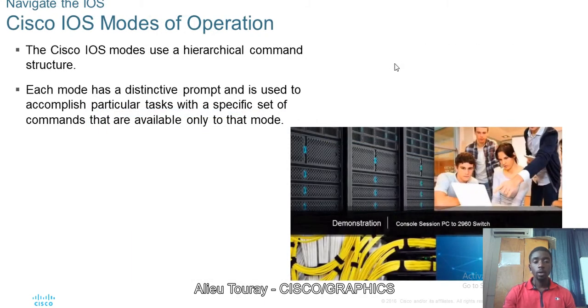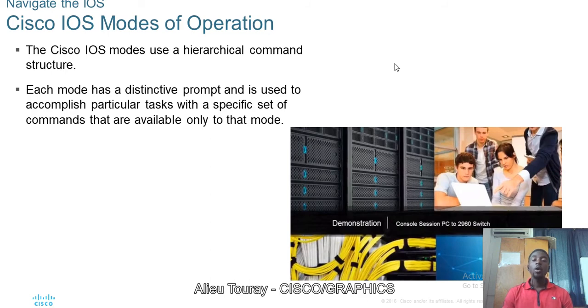Alright, so the Cisco operating system has different modes. It's just like whenever you are introducing yourself, it goes from greeting to name to surname. It is hierarchical in format. So the Cisco devices, when you're logging into them, are hierarchical in design. You have the user exec mode where you can do a few things, then you move to the privilege mode where you can do other things, then to the global configuration.